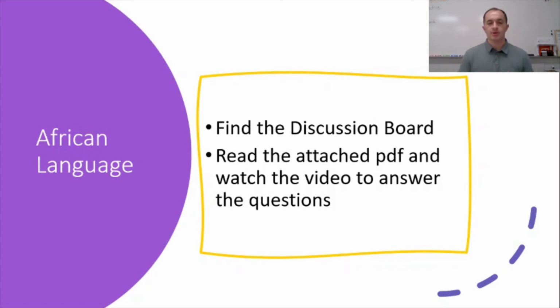If you look on the daily announcement, there is a link to something called Swahili Basics. It just has a couple of different phrases and words that we use in our everyday life and what the translation is in Swahili.